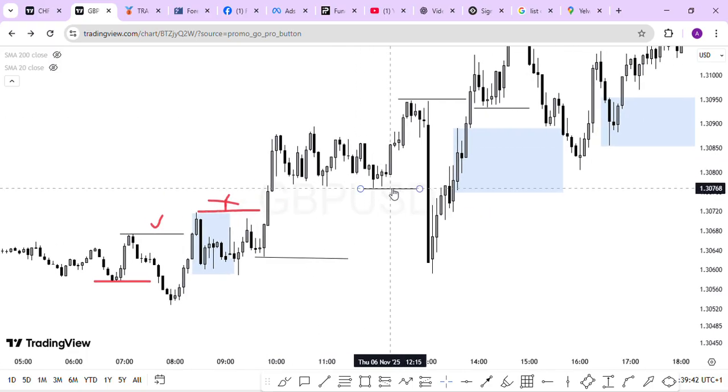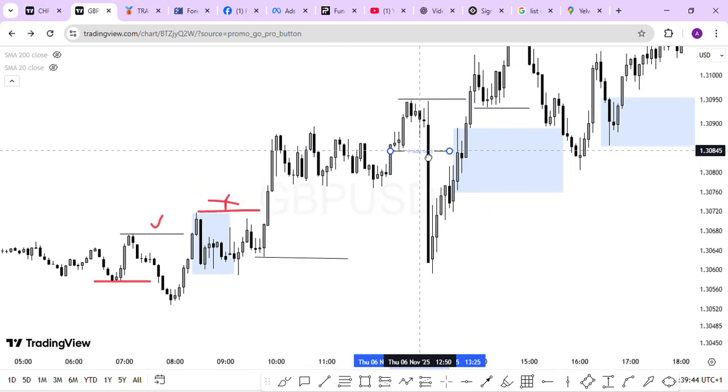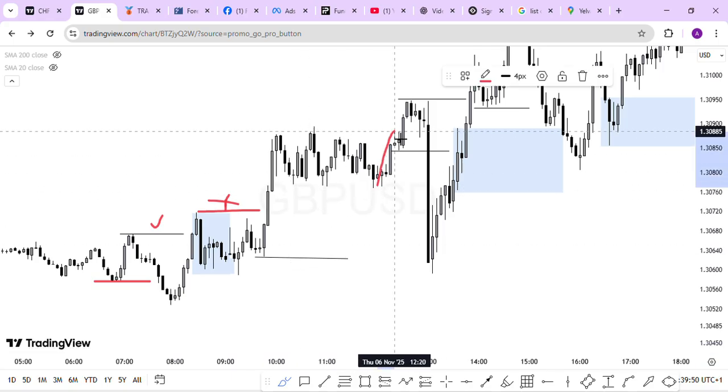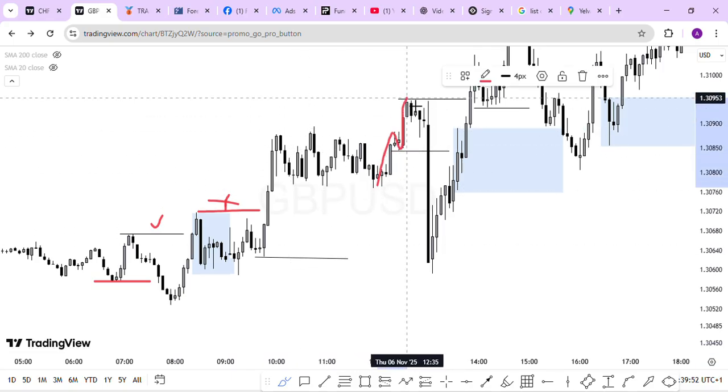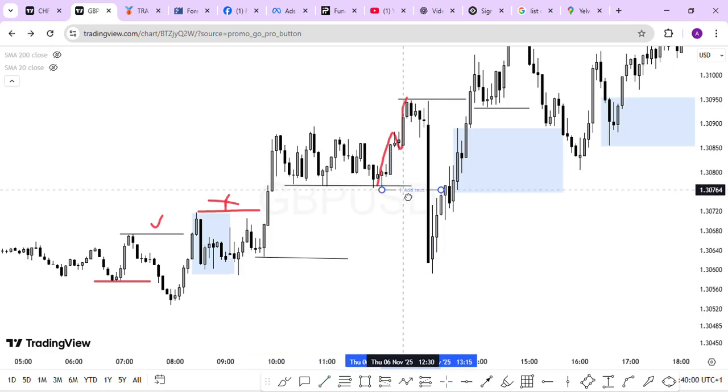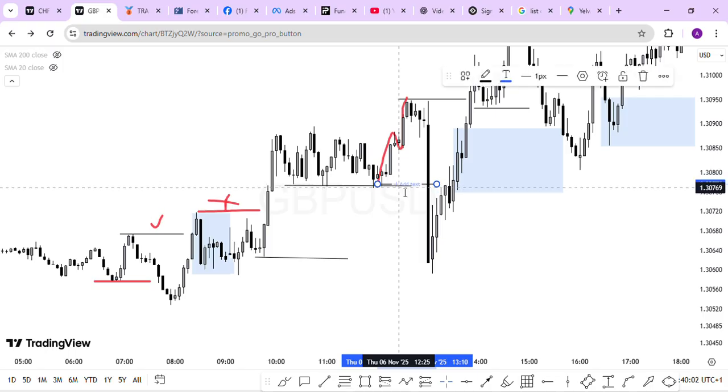And as you can see, we were able to have the minor pullback, because if you look closely, you can see that after all this is what the market did, then it pushed up. But being that I understand that this is a level where the market hides liquidity, that's why I use this as a major inducement.